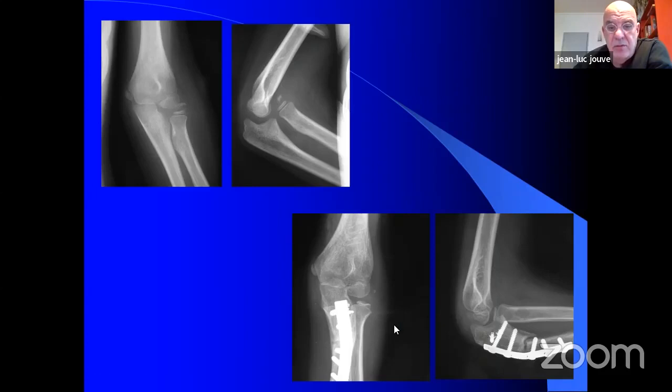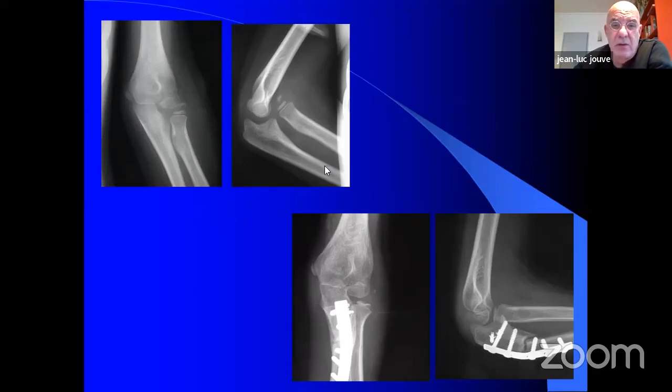This osteotomy provides an overcorrection of the ulna, and this overcorrection of the ulna will help the interosseous membrane to reduce the dislocation of the radial head.